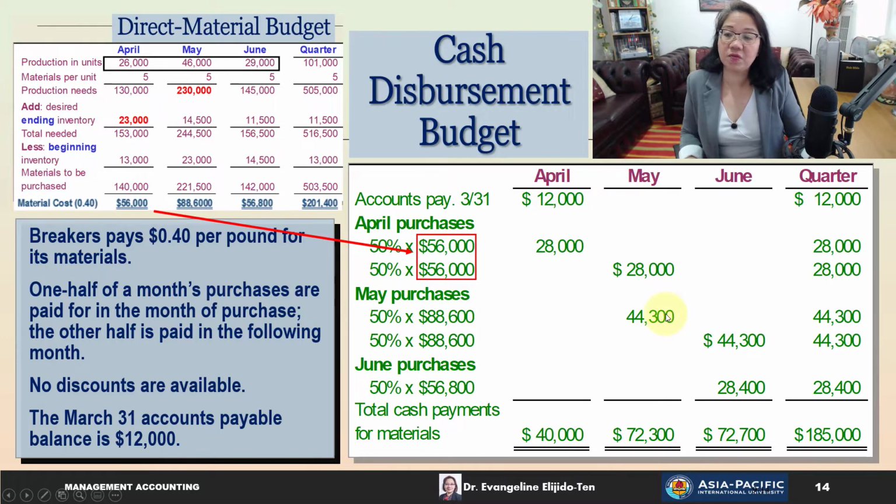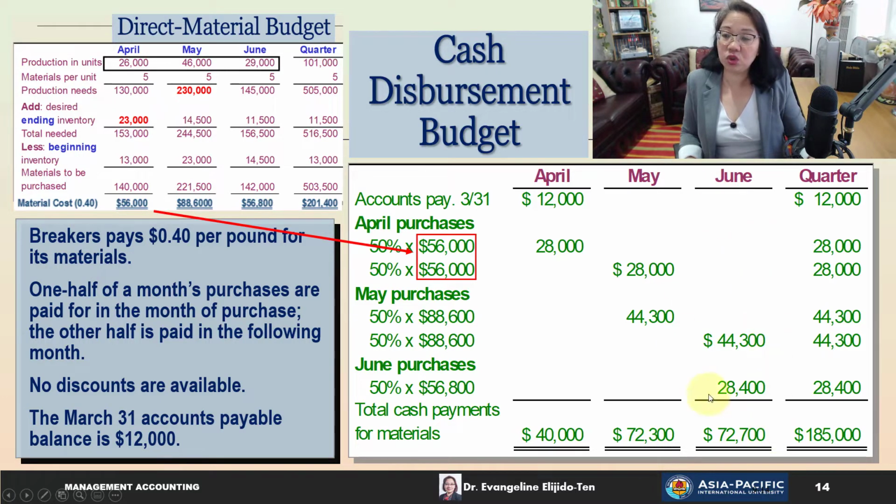For the month of May, we will consider the $88,600 May purchases, and 50% of that will be paid in May. The other 50% will be paid in June. So our expected total cash disbursement for May is $72,300.